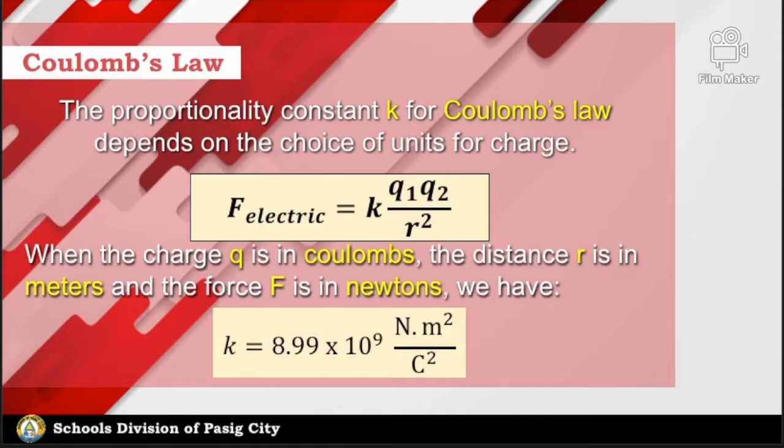The electrostatic constant K is equal to 8.99 times 10 raised to 9 newton meter squared per coulomb squared.